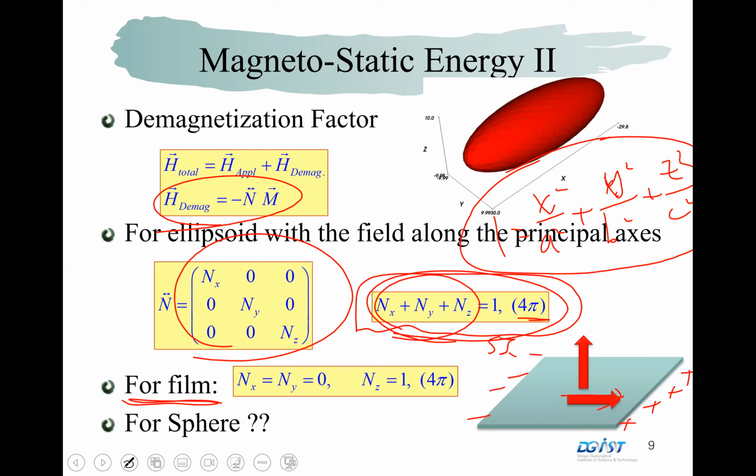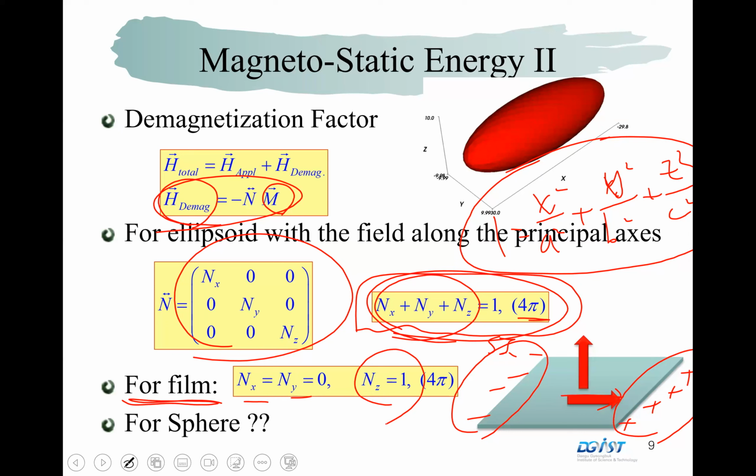But we said the film is infinitely long. Then the field generated from this plus and minus, the north pole and the south pole, is very, very small, so we can ignore it. So that means Nx is 0, and Ny for the y direction is the same, because we are talking about the film. So as a result, the demagnetizing factor for the z direction must be 1, or 4 pi.